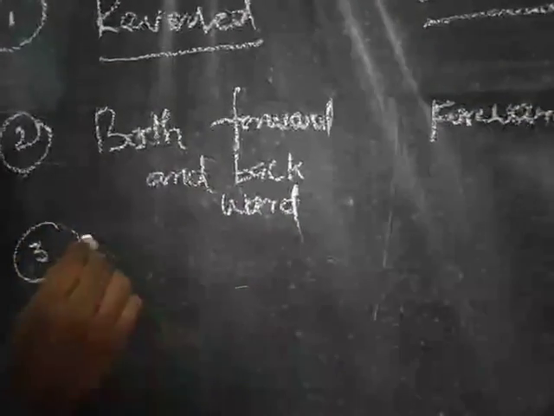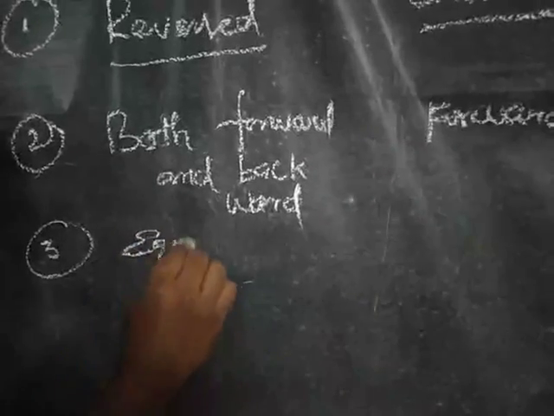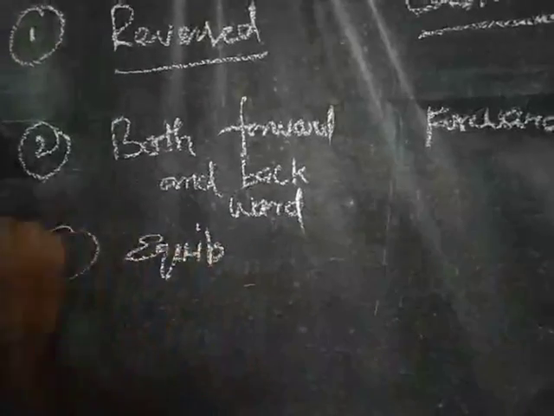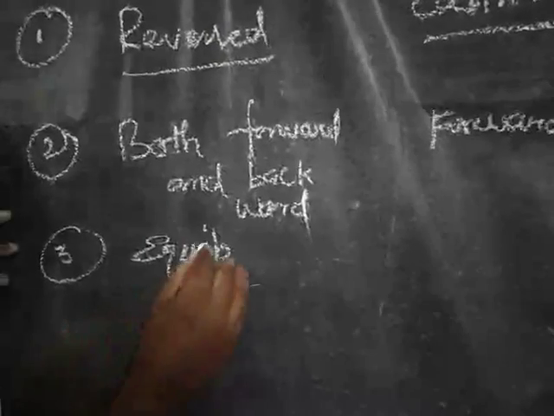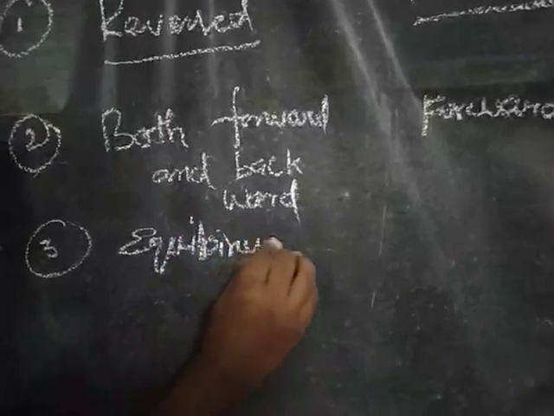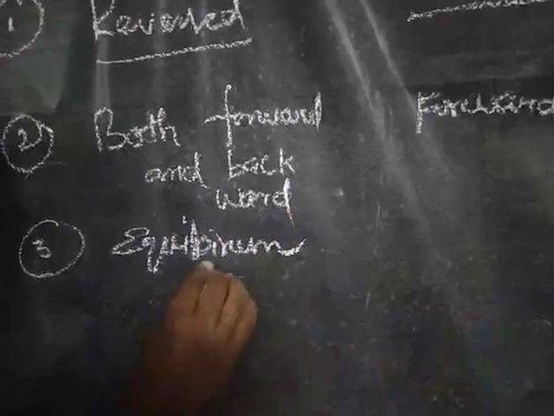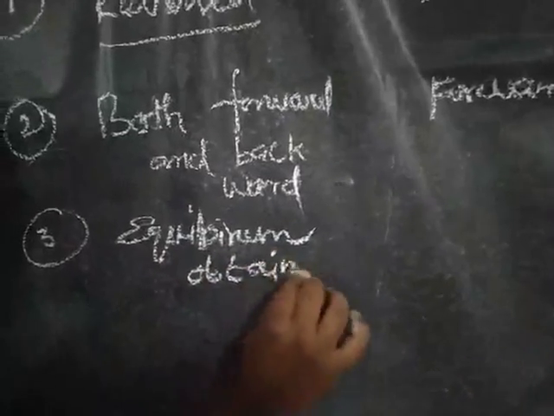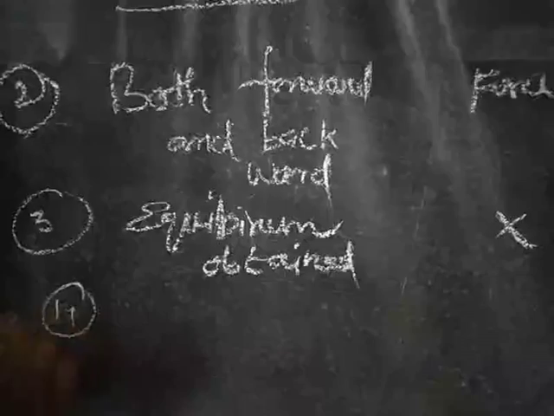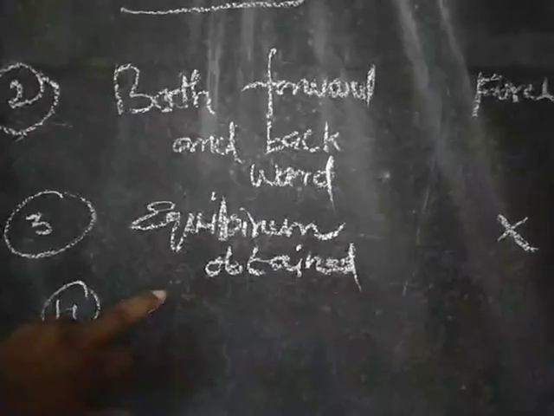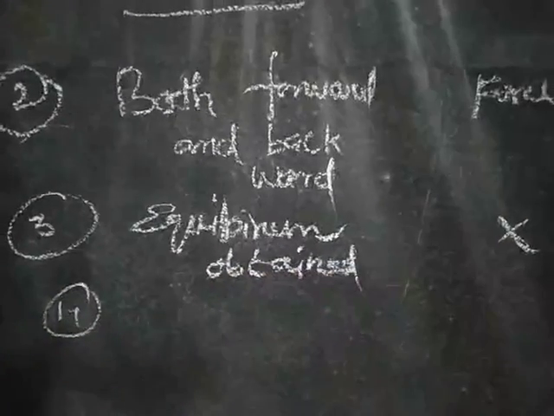Third one, equilibrium is obtained; here equilibrium will not be obtained.